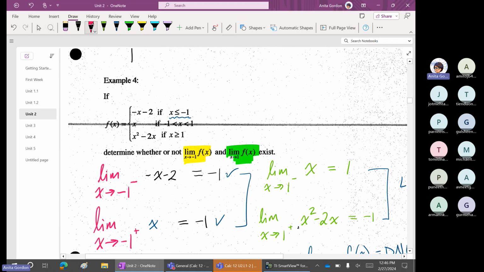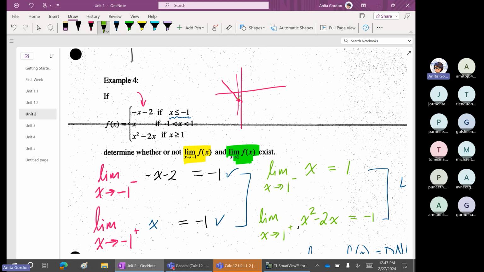Okay, let me draw a picture. I think the picture helps. This tells me I have a line that starts at -2 and goes down. So let's just pretend this is it. This line only exists up until x is -1. So somewhere here, there's a cutoff. So this line exists like that. The middle line exists between -1 and 1 exclusively.